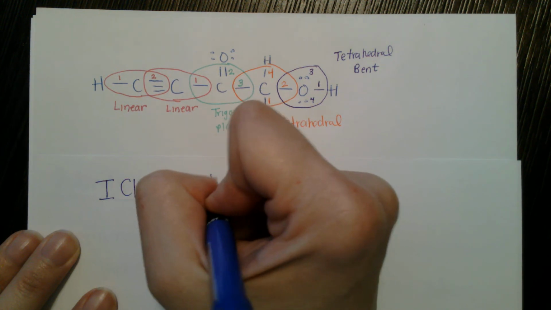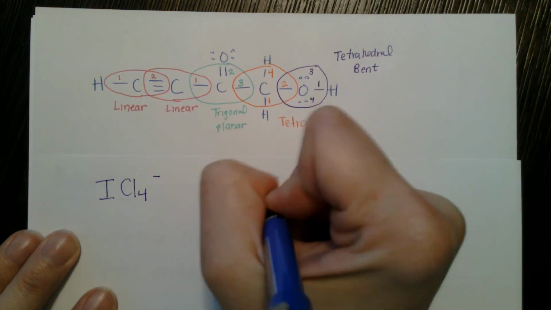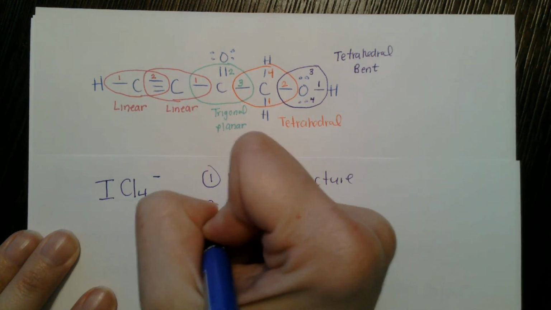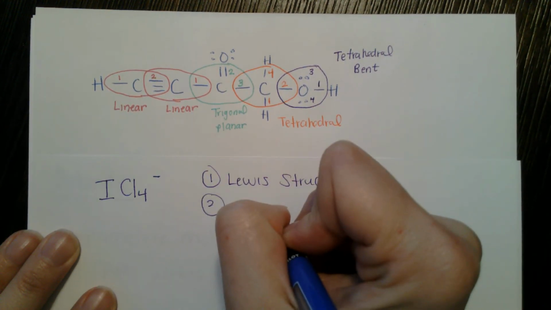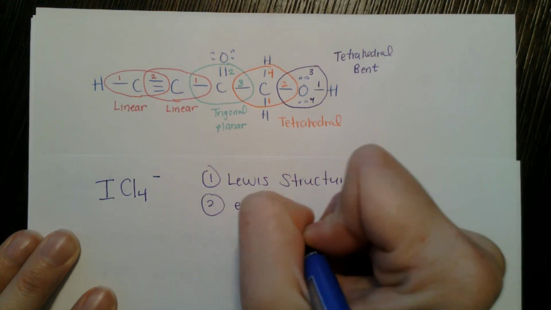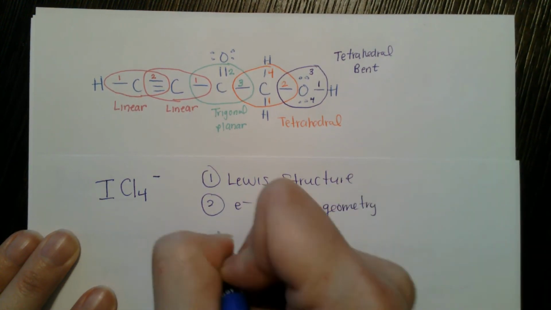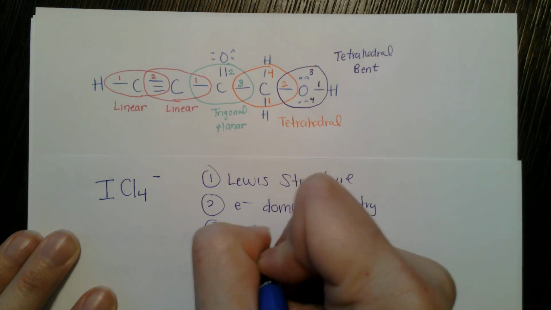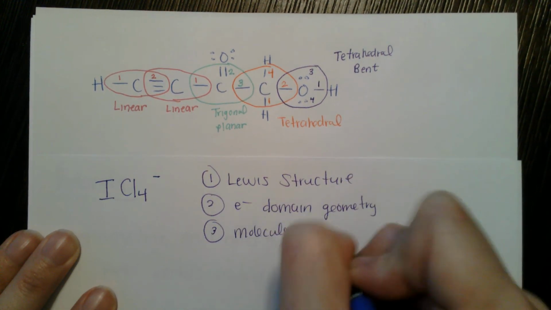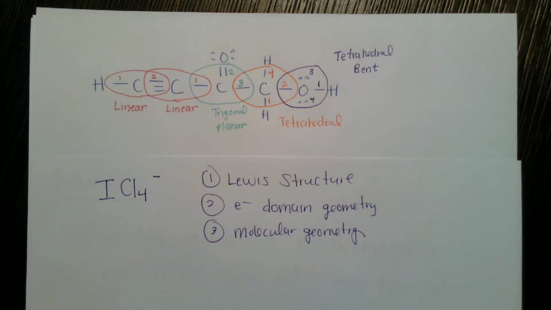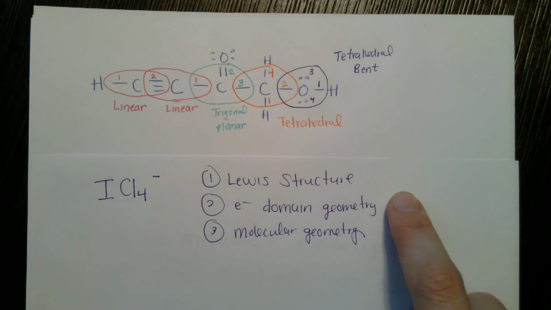So 1, find the Lewis structure. 2, determine the electron domain geometry. And 3, the molecular geometry. Write out the Lewis structure, your electron domain geometry, and the molecular geometry.